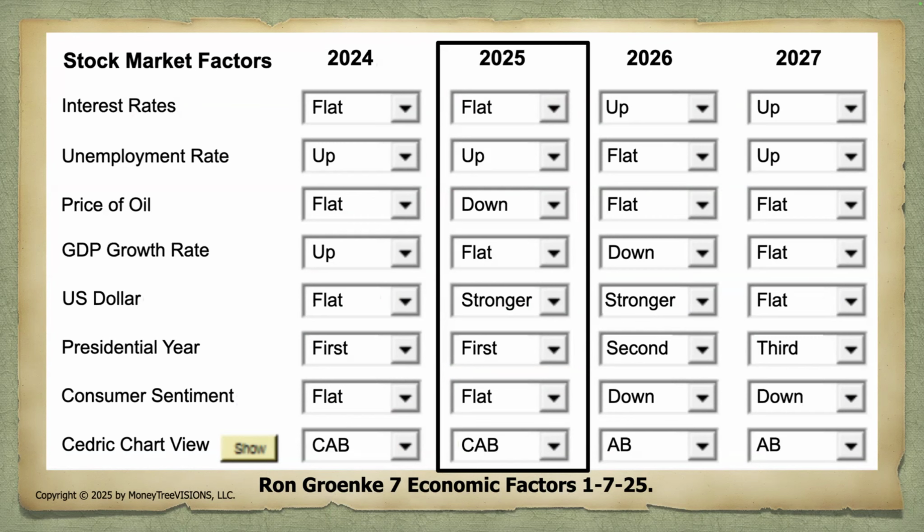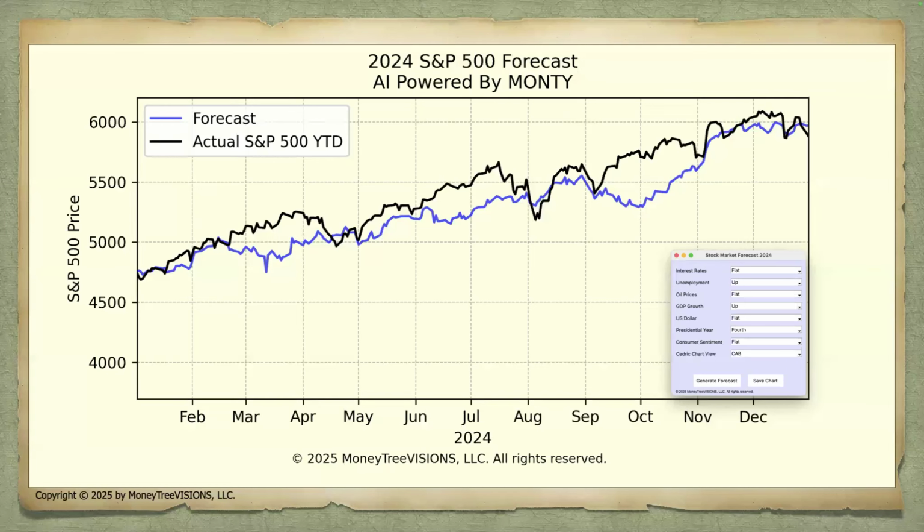It's a presidential year, the first year of the term. Consumer sentiment is flat, maybe down a little bit right now, but for the year flat. And then we have our movement on the Sedgwick chart from C to A to B. That's the cycle we're in, suspecting to go up till about 2026 and then a turn.